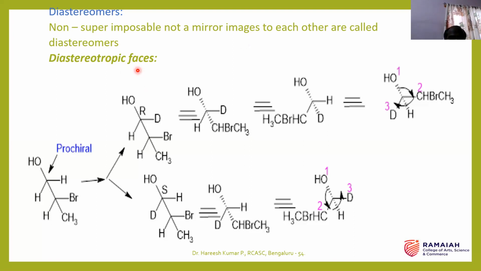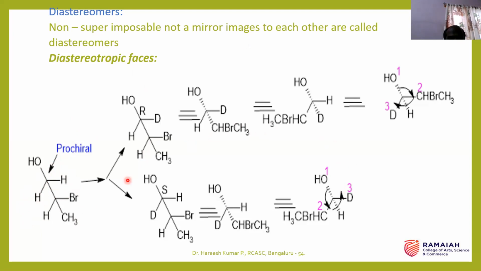diastereotropic phases. Suppose a prochiral moiety is attached to a chiral compound, then such compounds are called diastereotropic phases. And if you replace any of the hydrogens with a different group, you will end up with diastereomers.